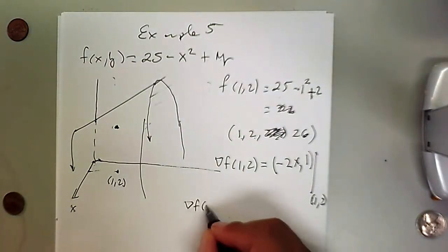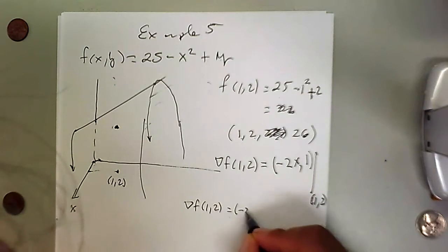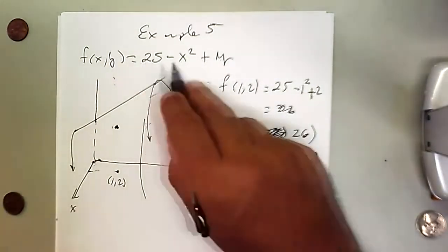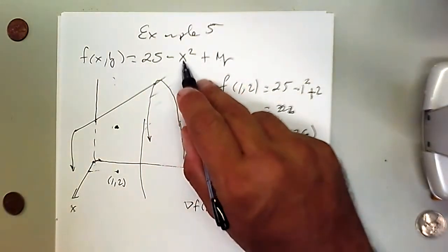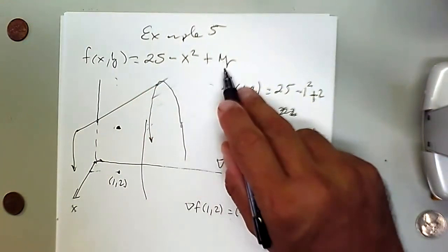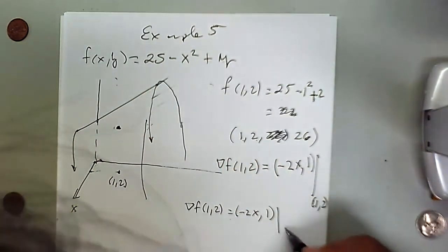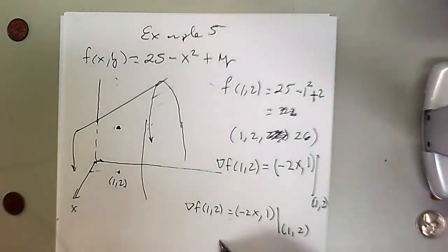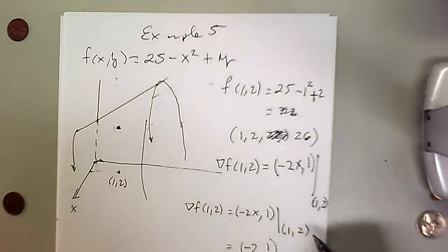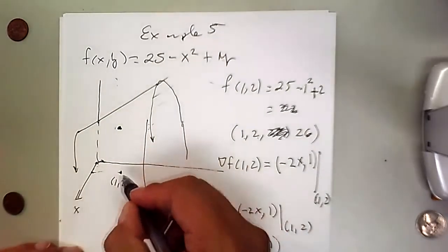So the gradient at 1, 2 equals negative 2x, comma 1, because the derivative of this with respect to x is negative 2x. Derivative of all of this with respect to y is just 1. And we're going to plug in 1, 2. So we plug in 1 for x, so that is negative 2, comma, plug in 2 for y, but there's no y, so it's just 1. So negative 2, 1. What does that mean?